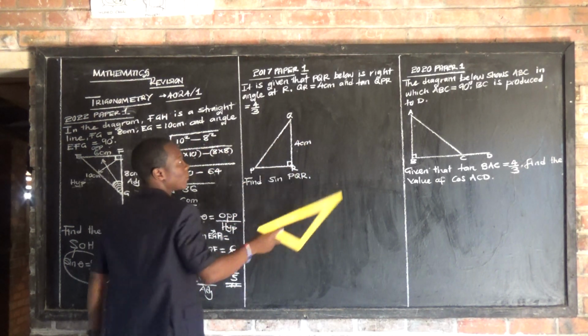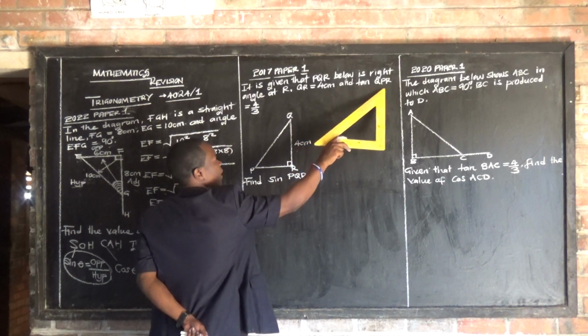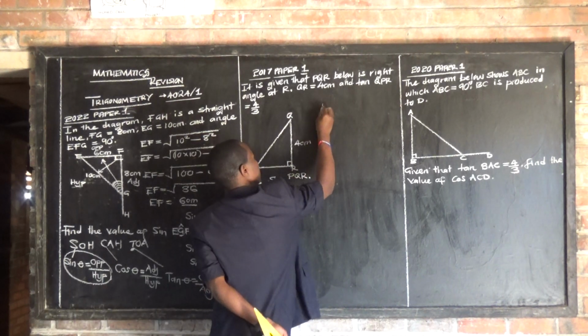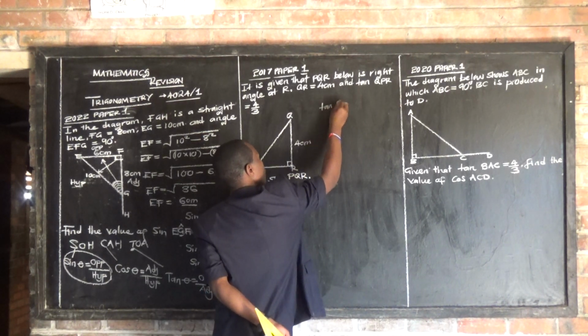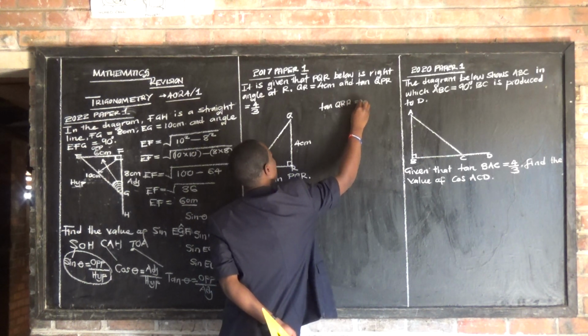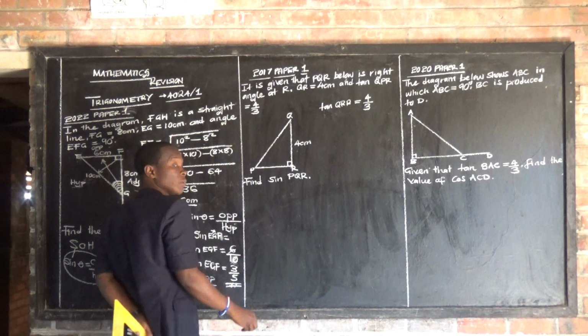Then they say tan QPR, take note, tan QPR is equal to 4 over 3. Are we together?